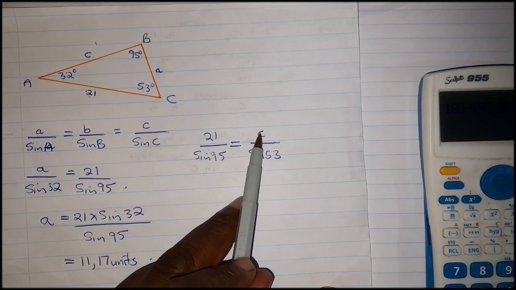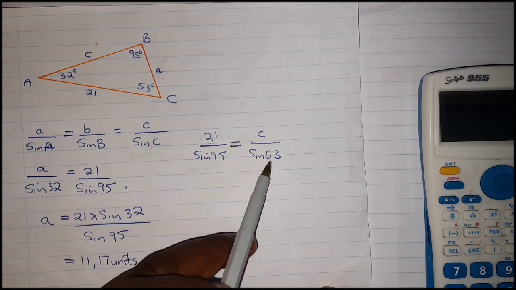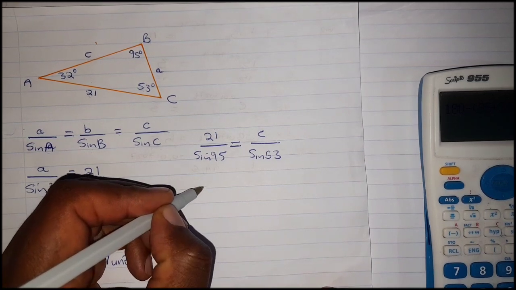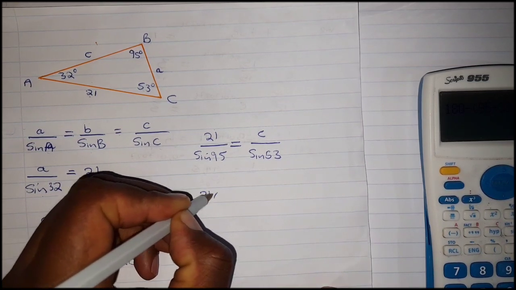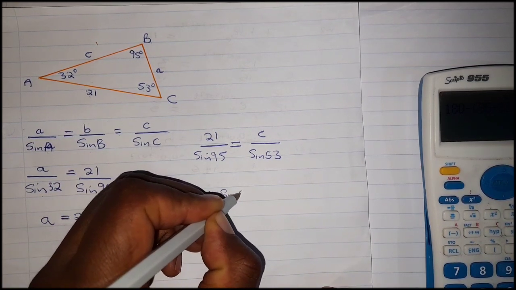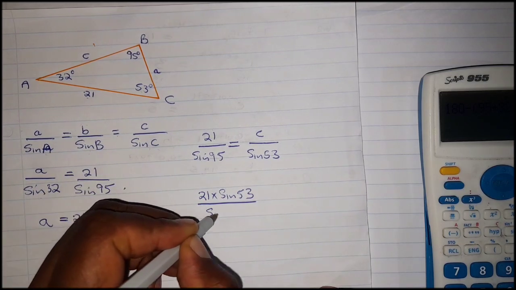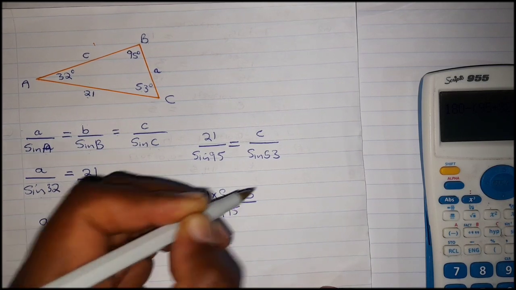To determine the size of c, we take sine 53 to the left, so this will be 21 times sine 53 all over sine 95.